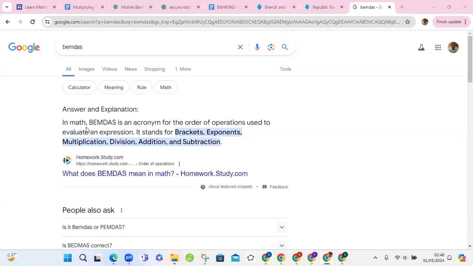Here it says in math, BEMDAS is an acronym for the order of operation used to evaluate an expression. It stands for brackets, exponents, multiplication, division, addition, and subtraction. So therefore, we must do multiplication before we add or subtract.